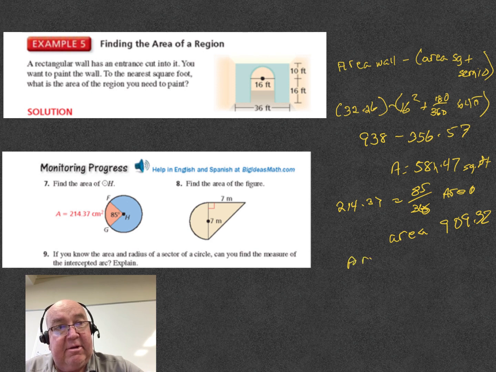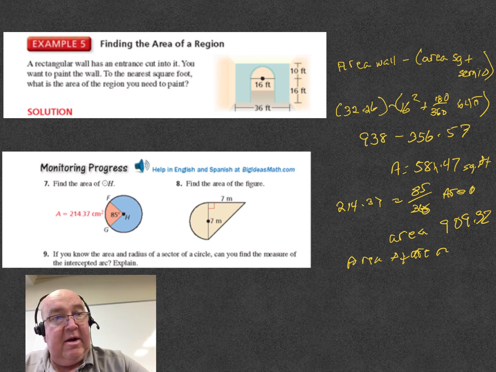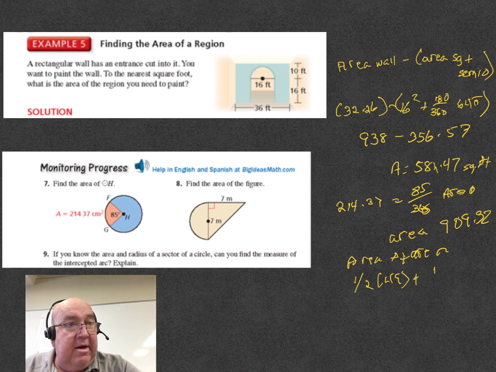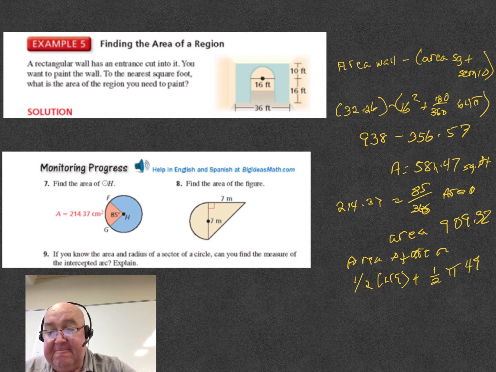In this next one, we're going to have to add up the area of the triangle and the area of the half circle. Add those together. So area of a triangle is 1/2 base times height, which is 7 times 7, so 1/2 of 49, plus 180 over 360 is equal to 1/2 pi 7 squared, 1/2 of 49 pi.